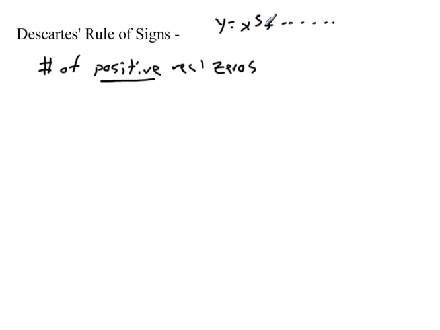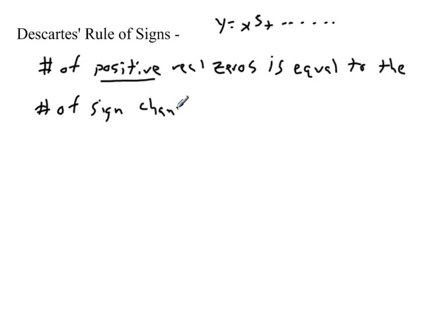We know that this has at most 5 real zeros. Okay? How do we know how many of those zeros are positive, how many are negative? Well, the number of positive real zeros is equal to the number of sign changes of the function.